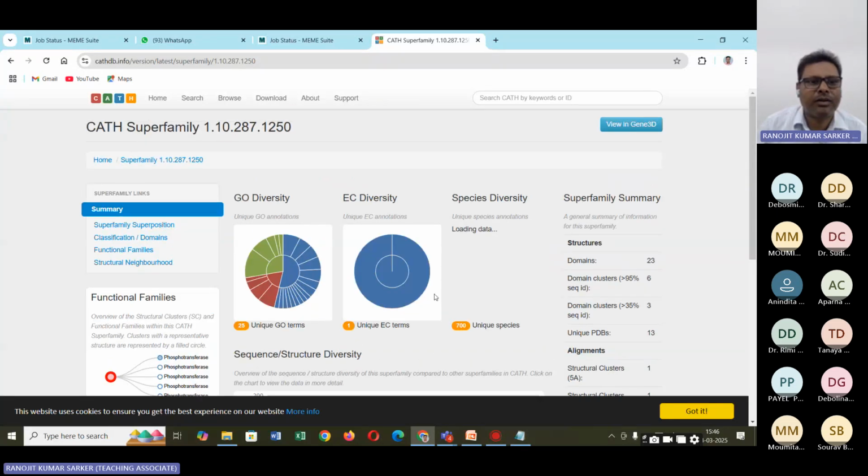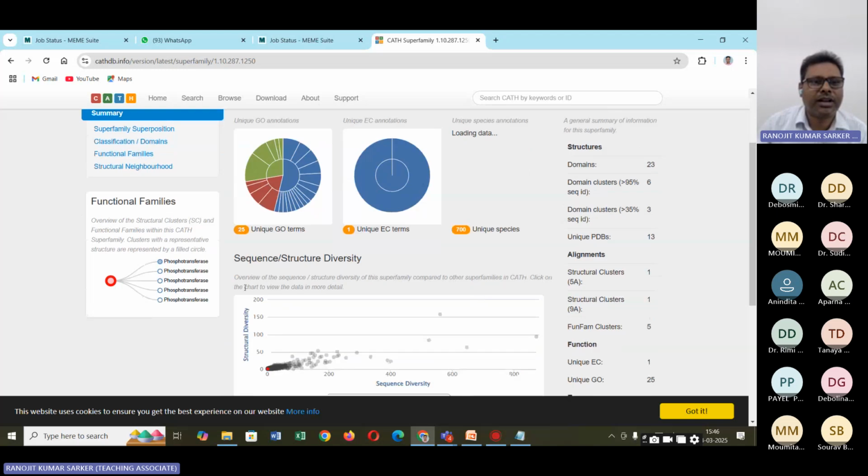So how can we interpret this? You can see this is the GO diversity. This is the enzyme number, EC number diversity. These are the species diversity. It has to be loaded.